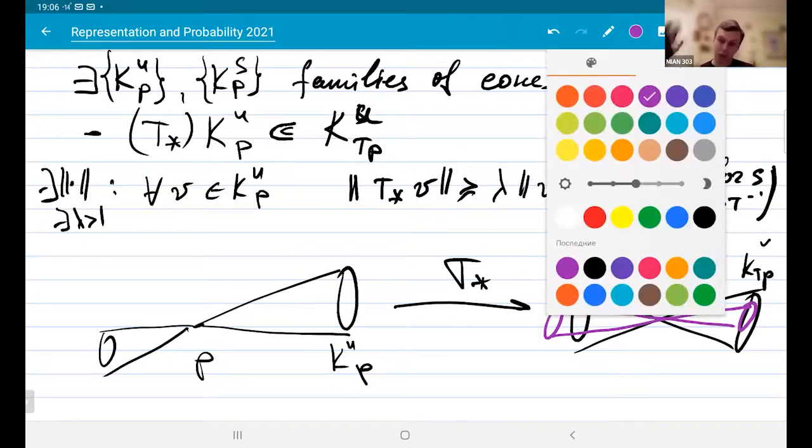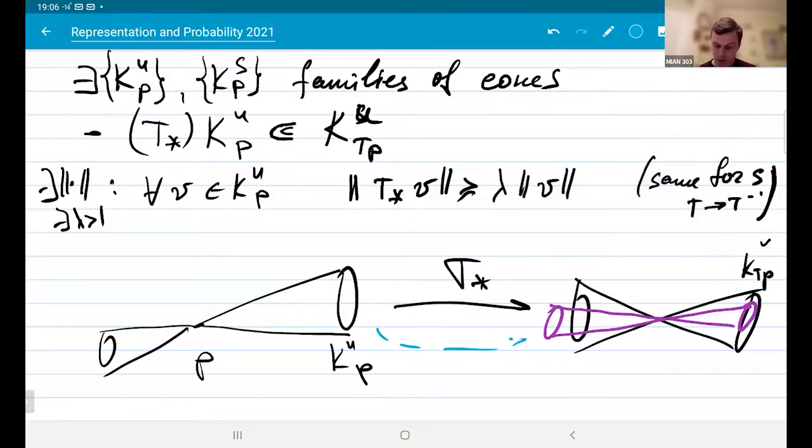Then when you perturb your map a bit, let's say T epsilon, some perturbation, this image is somewhat close to this. But nevertheless, if the perturbation is small, it is still inside our cone field, inside the corresponding cone.